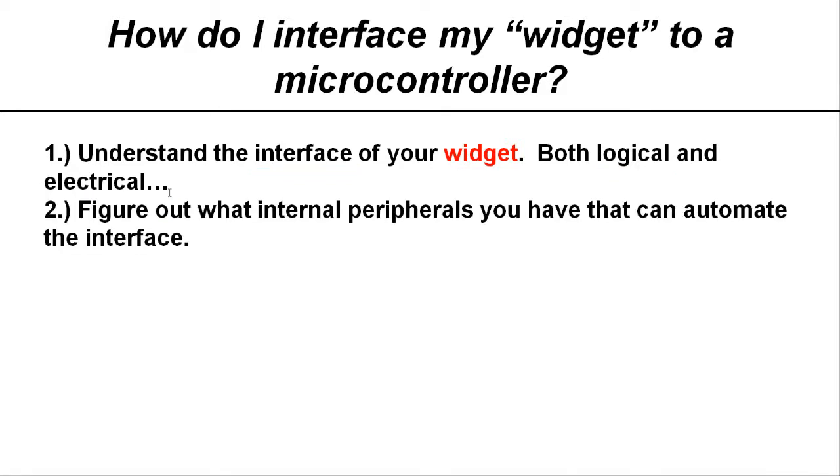So the next step, let's say you understand your widget. What I like to do is ask, is there an internal peripheral, meaning a serial port, SPI, whatever, that can automate the interface? For example, I might have a chip, let's say a sensor, that has an I2C interface.